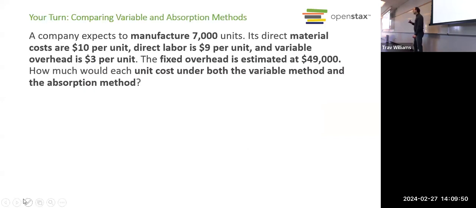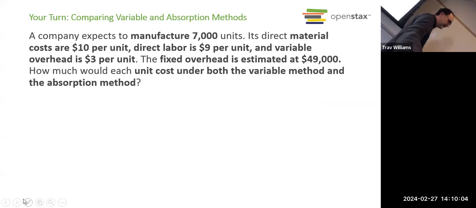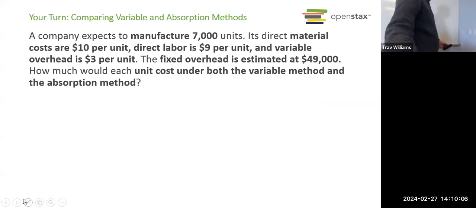Okay, now when we're dealing with variable and absorption costing on a per unit basis, it's really simple. And I think that's what this is right here. Yeah, but let's go ahead and work through this together, and you'll see how easy it is per unit.